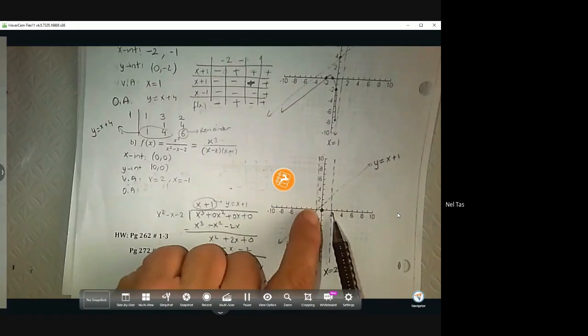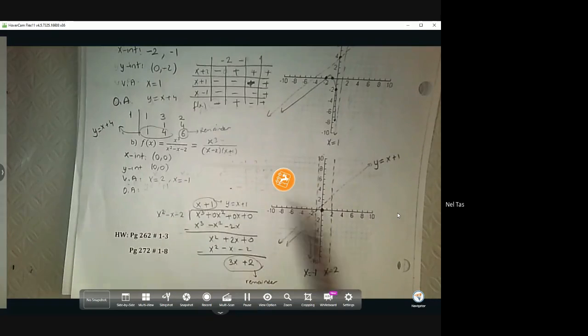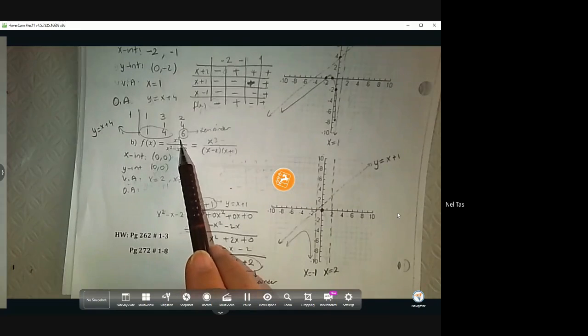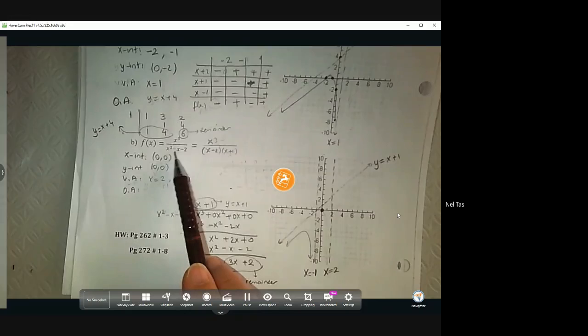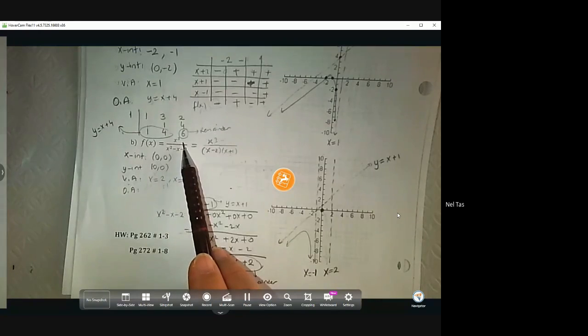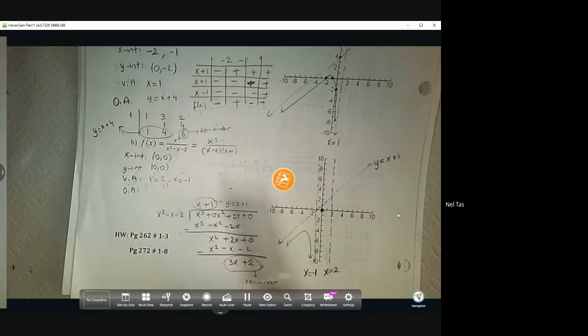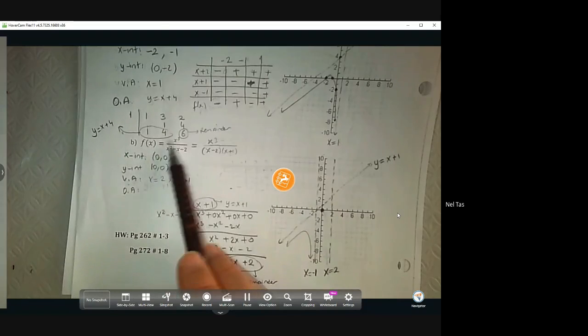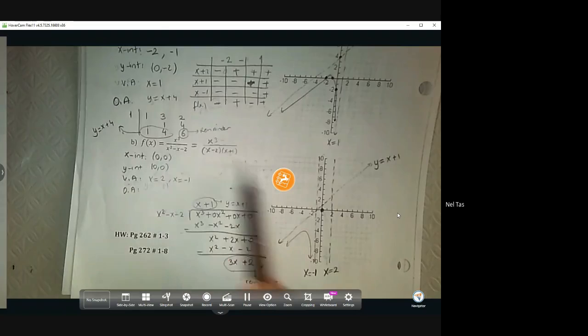Similarly, you can pick a value between 0 and 2, let's say 1. Okay. Let's say when you pick 1, what do you get? 1 over 1 minus 1 minus 2. So you get a negative value here. So you know that here I need to be on the negative side. Okay. And if you pick negative 0.5, check what you're getting here, right? Or you can do the factor table.